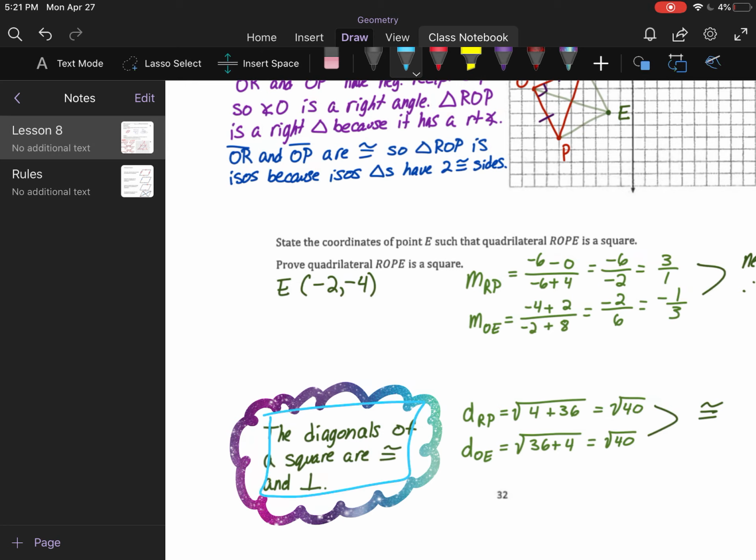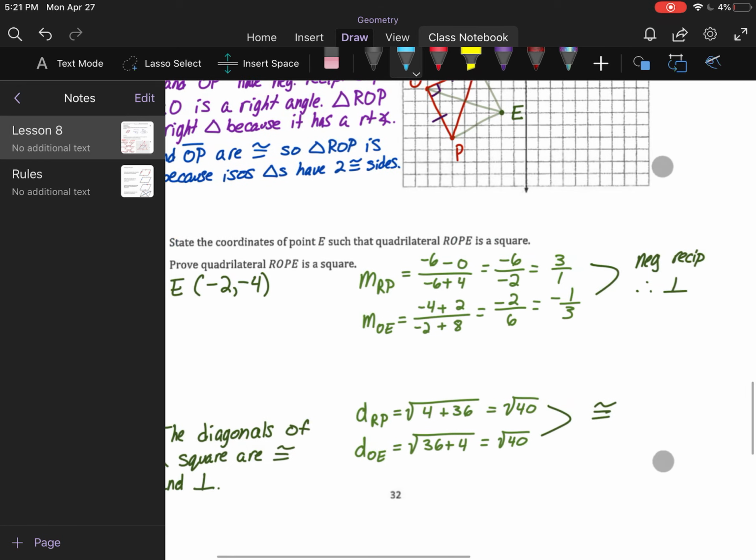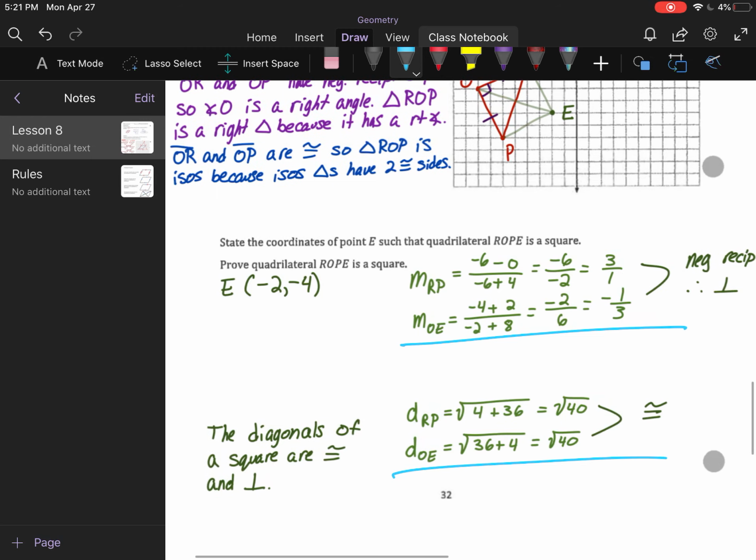The diagonals of a square are both congruent and perpendicular, and that's only true for a square, so that means that we've proven it. We've proven that the diagonals are perpendicular right here, and that they are congruent right here.